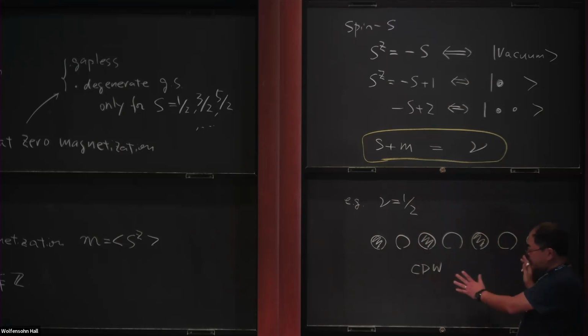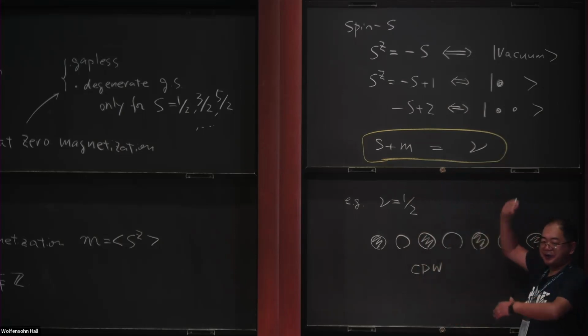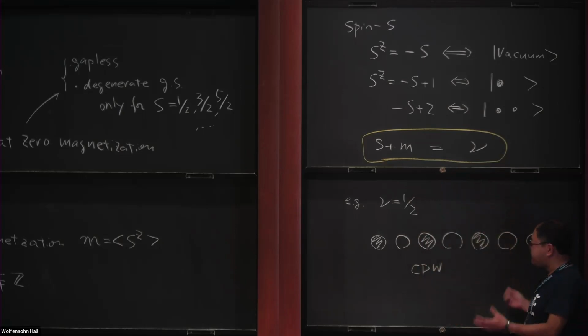And you can intuitively understand that if you have fractional filling, in order to open the gap and realize a stable ground state, you must have a degenerate ground state, at least in this example.